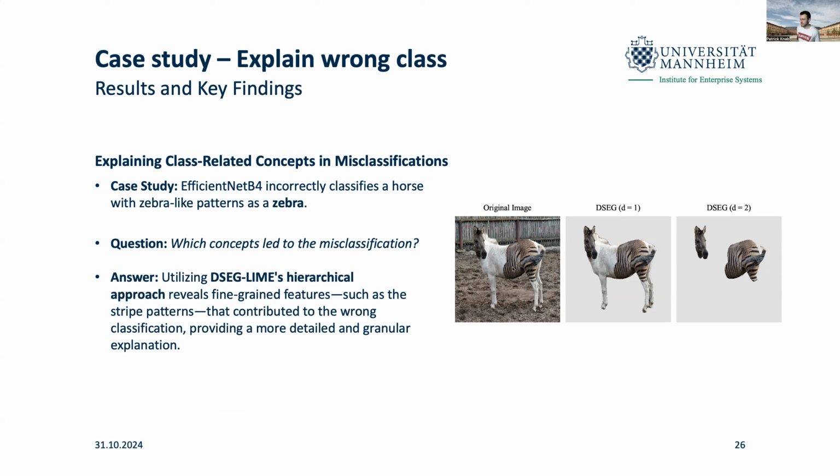And those are exactly the parts that represent the zebra-like patterns. So that's just one case study that we did, but we saw that if you utilize DSEG-LIME and its hierarchical approach, we can find more fine-grained features that contribute to the explanation quality in general.